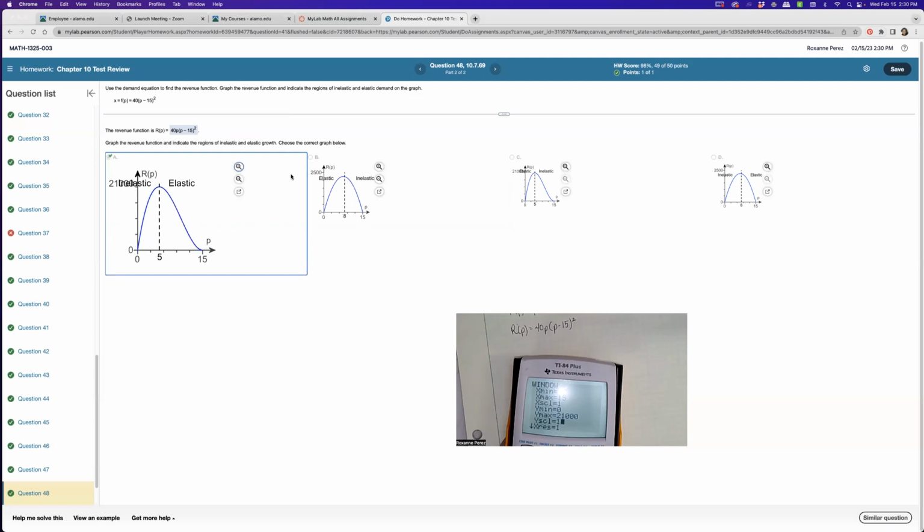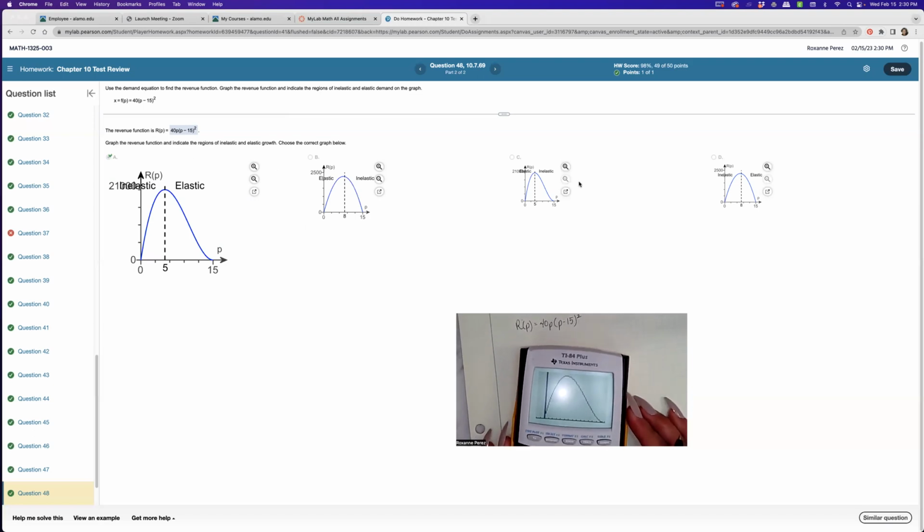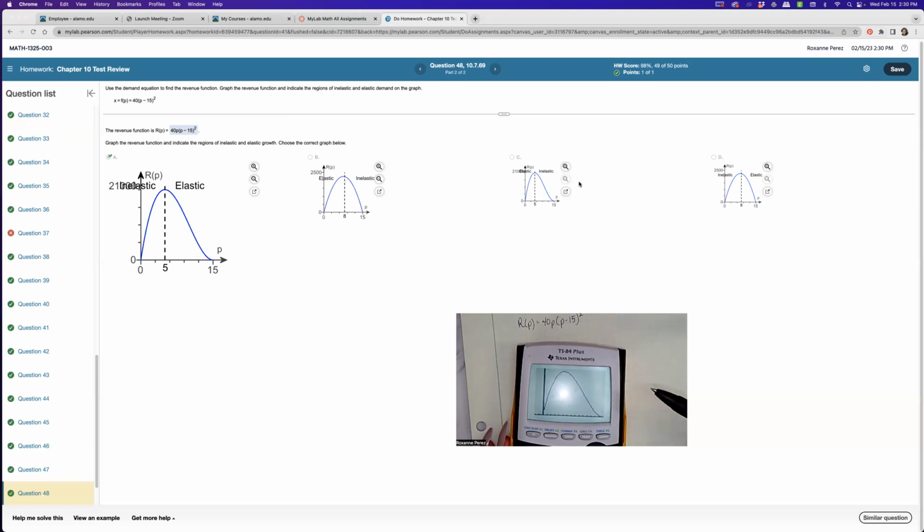This one acts crazy, I don't really know why. Okay, we're just going to hit graph, and there's our function. So we know that graphs B and D are not correct solutions. Those are just your standard parabolas, right? This has this kind of tapered off behavior here on the right tail of your graph.